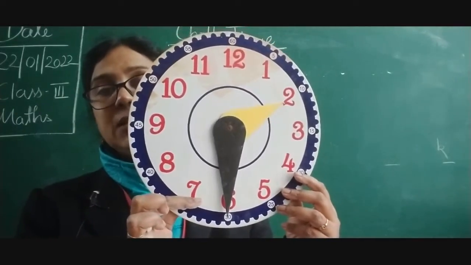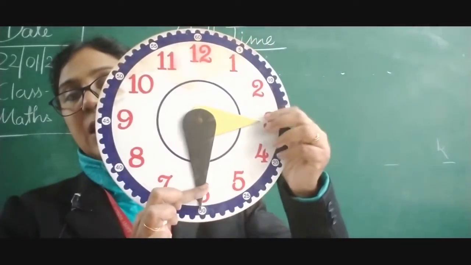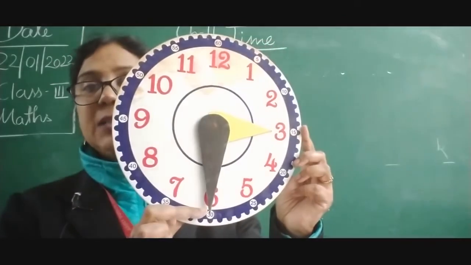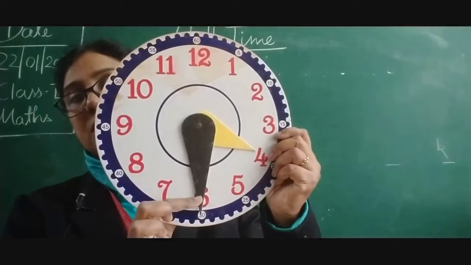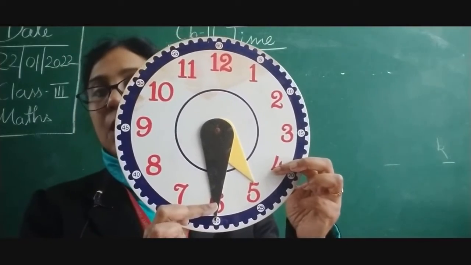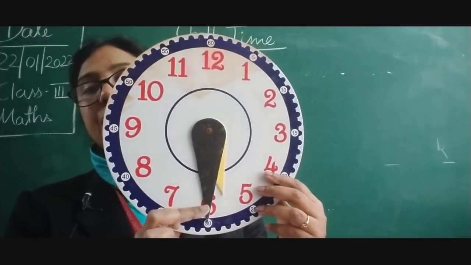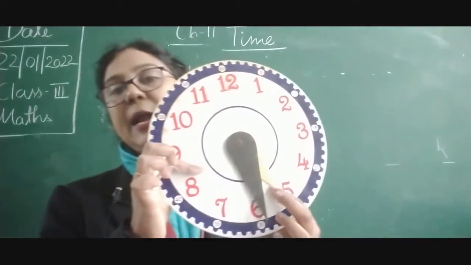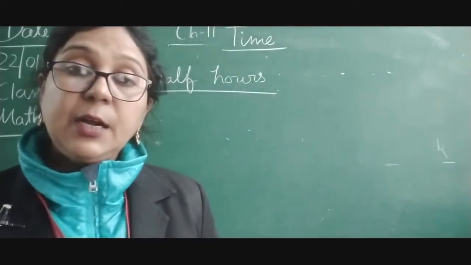Similarly, if our hour hand is at 3 and our minute hand is at 6, it will become half past 3. हाफ पास्ट 3 हो जाएगा. और उसके बाद अगर इसी तरह आप 4 पे ले आएंगे, तो this is half past 4. Now it is at 5, so it will be called half past 5. Suppose it is at 6, so it will become half past 6. इसी तरह से अगर आपका ये बड़ा वाला हैंड 6 पे रहता है और छोटा वाला हैंड किसी भी नंबर पे जाता है, so it will become half past. आधे घंटे इसके हो जाते हैं.